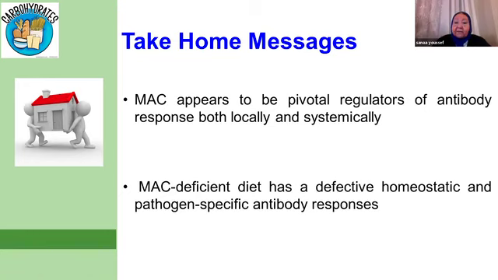And a diet deficient in microbiota accessible carbs has a defective homeostatic and pathogen-specific antibody response. So it is very important to keep the good carbs high enough and the bad carbs away to keep the balance and to keep a healthy gut.